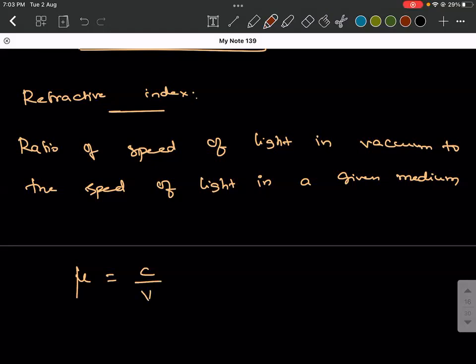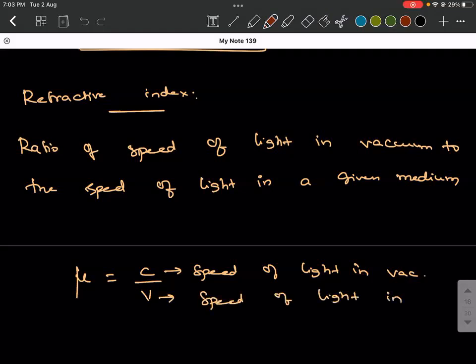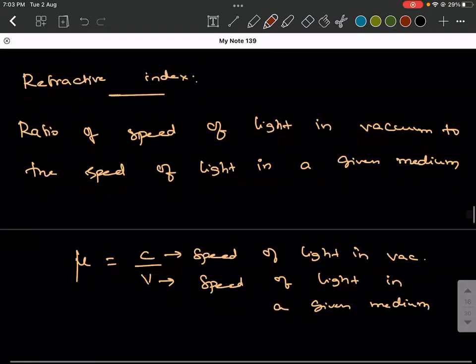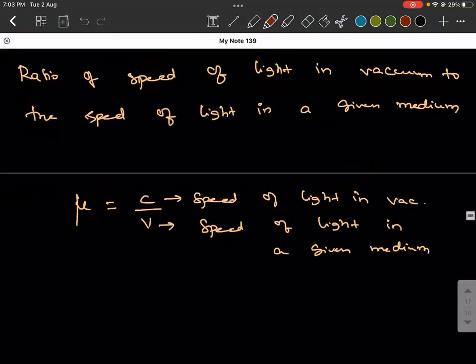Where c is the speed of light in vacuum, which is 3 into 10 power 8 meters per second, and v stands for speed of light in a given medium. So from this, I can conclude that mu is inversely proportional to v.